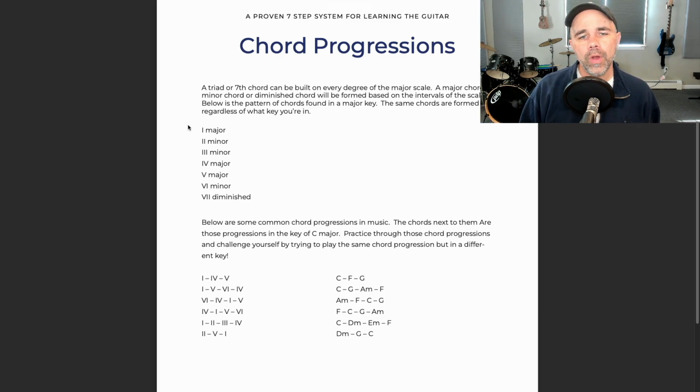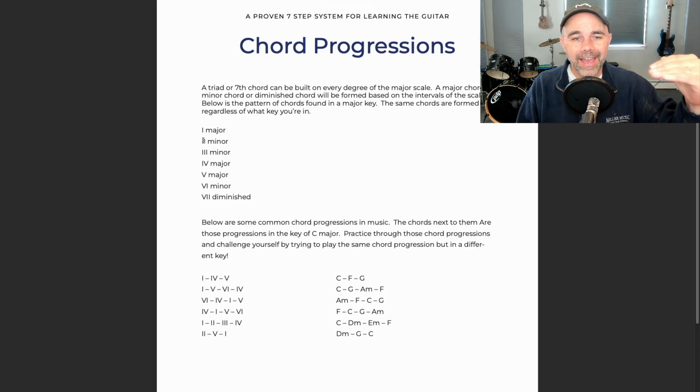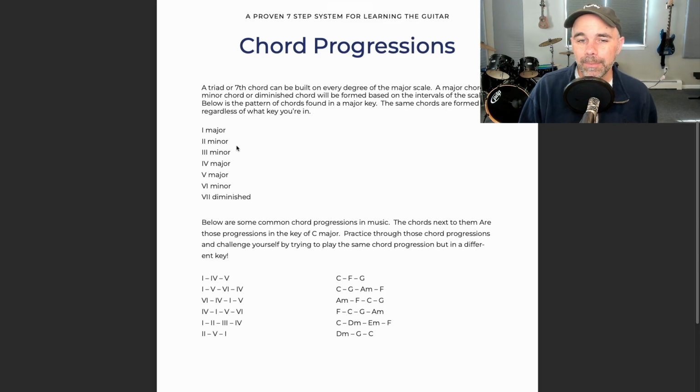So if we're in the key of C, the one chord would be C, E, G, that's 1 major. 2 is minor. So if you started on the note D, which is the 2nd note in the major scale, you have D, F, and A, so that makes up a minor triad. If you build on the 3rd note of the scale, you get an E minor chord.